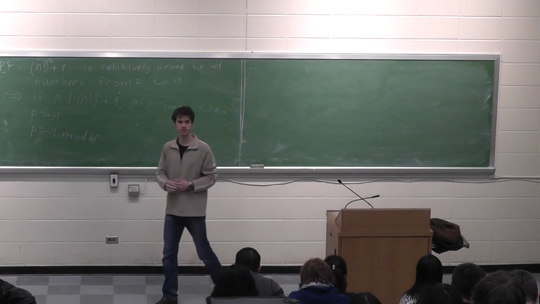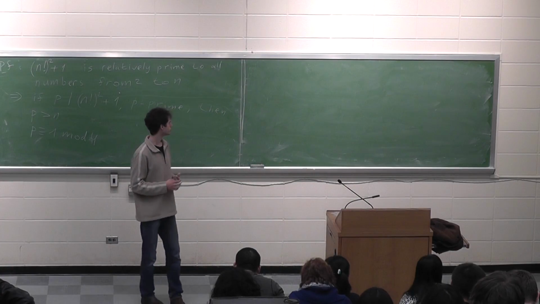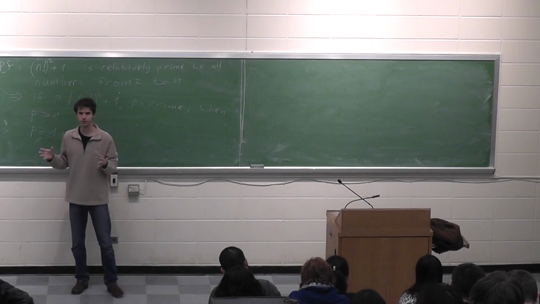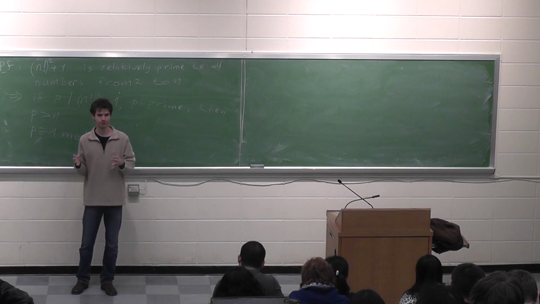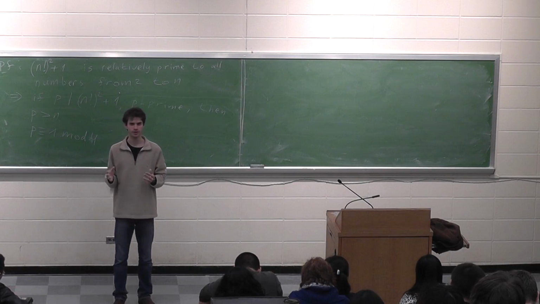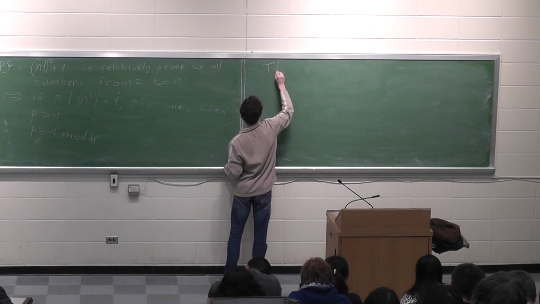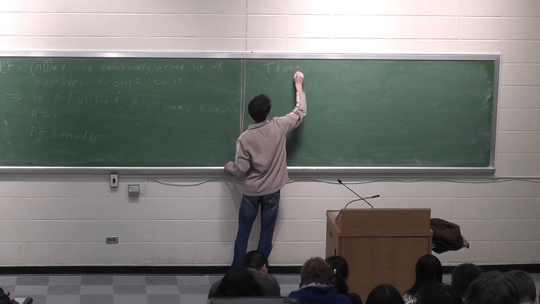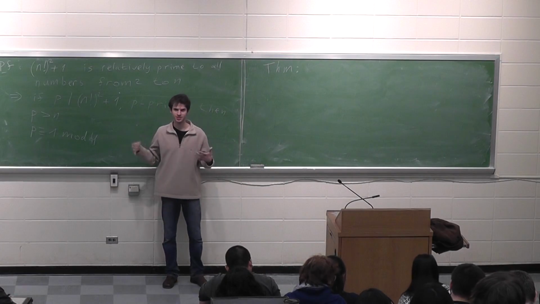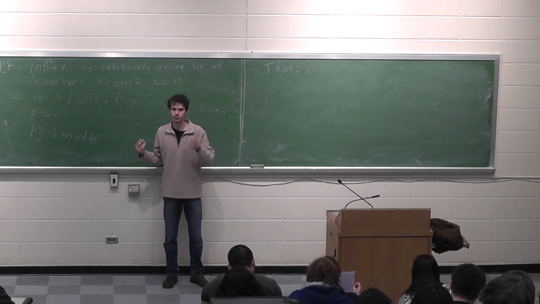Okay, so now that we see that it is useful to understand when you can extract a k-th root of a given residue modulo a prime number, let's discuss the general problem. Let's prove the theorem, or rather record this theorem. We already almost have a complete proof of this theorem.